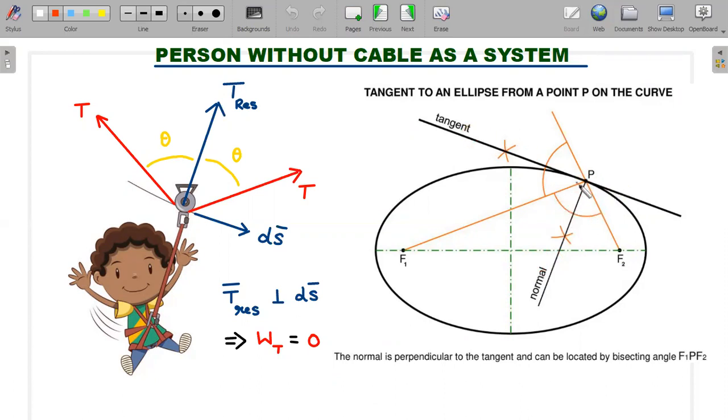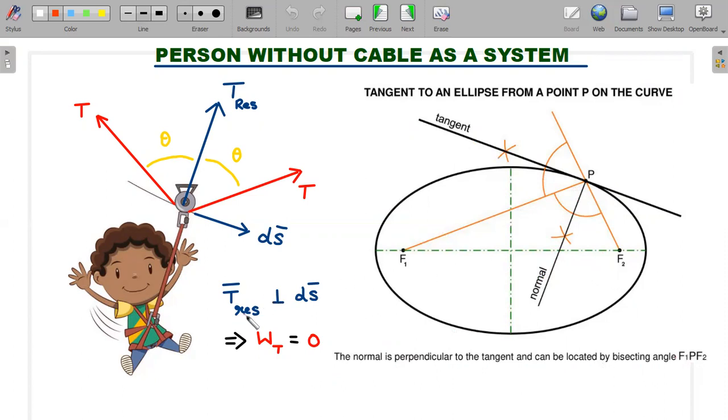So this is the tangent, this is the normal. The normal will be the angular bisector of these two lines. So normal is perpendicular to tangent, that is a known, and can be located by bisecting this F1 P F2, which is a basic rule of ellipse that is taught to high school mathematics students.